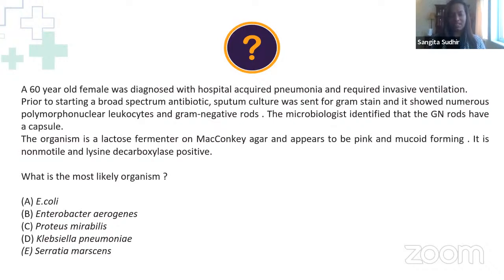The organism is a lactose fermenter on MacConkey agar and appears pink and mucoid. It is non-motile and lysine decarboxylase positive. What is the most likely organism? Please let us know your answers.